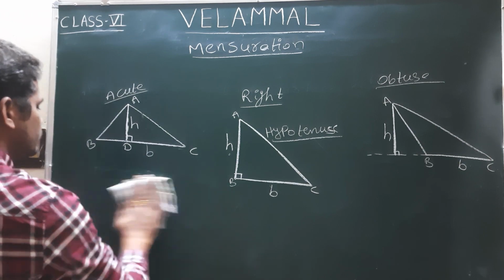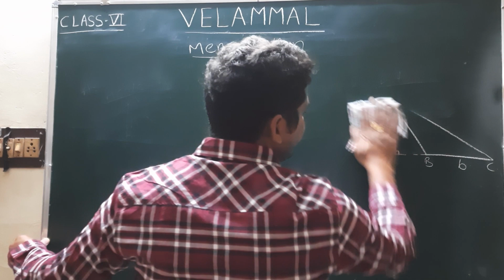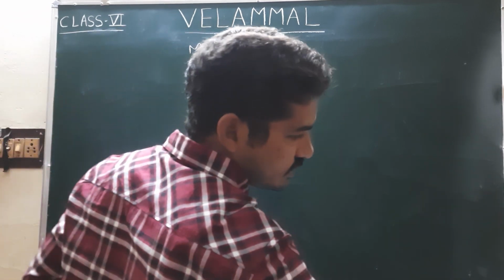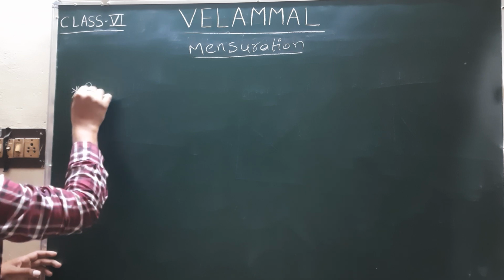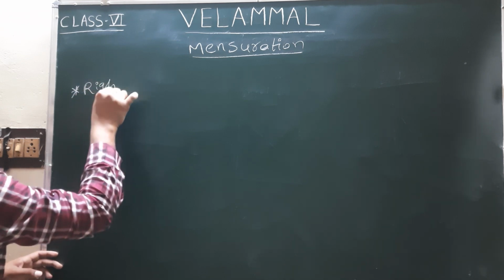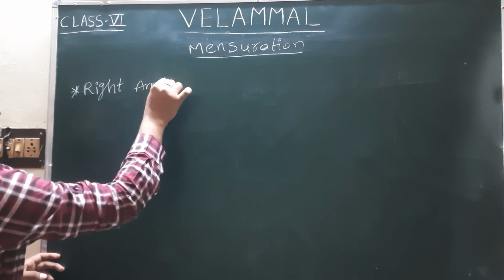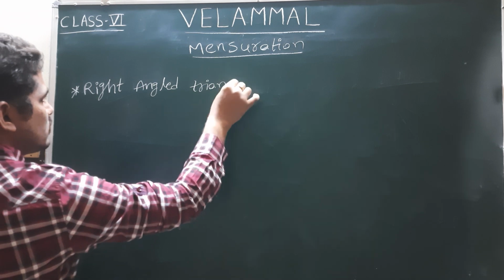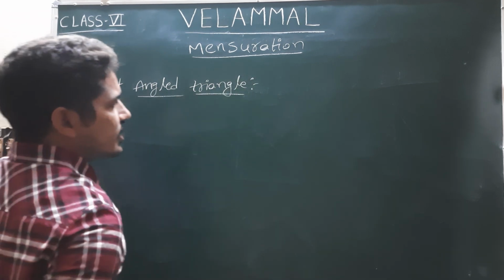Okay. Now we will discuss the different formulae for different types of triangles for finding the area and the perimeters. For example, now we are taking a right angle triangle.